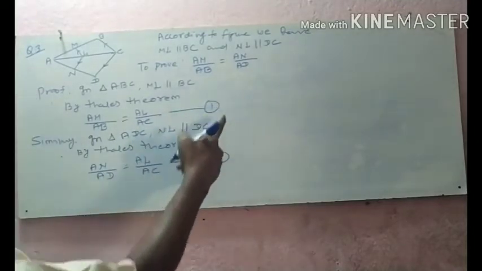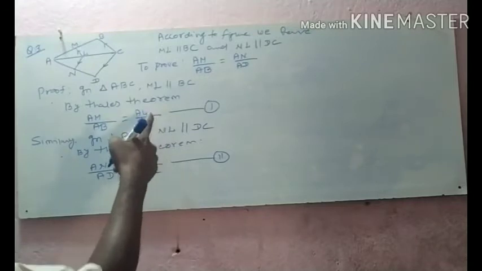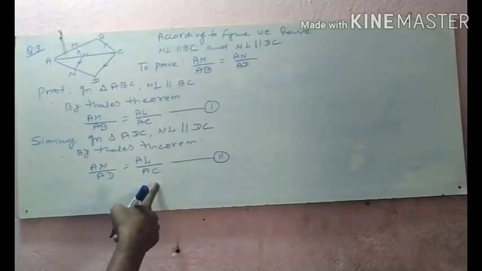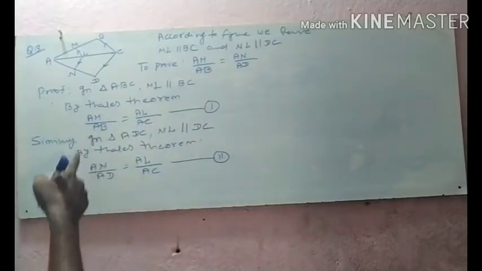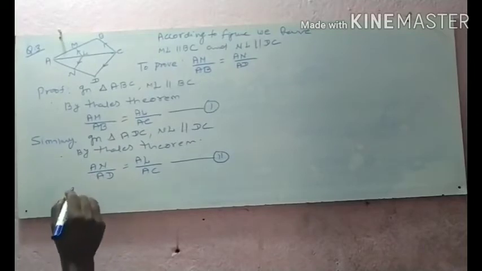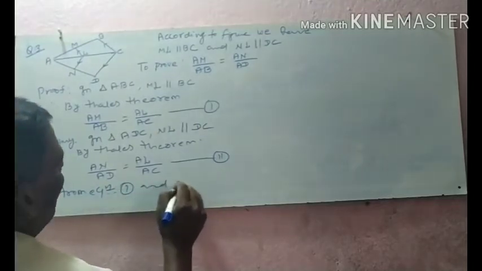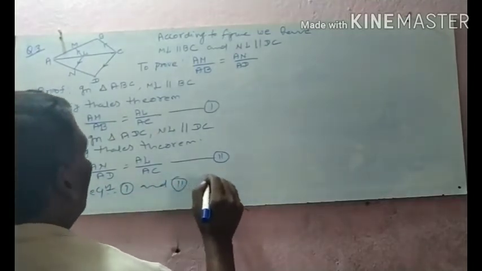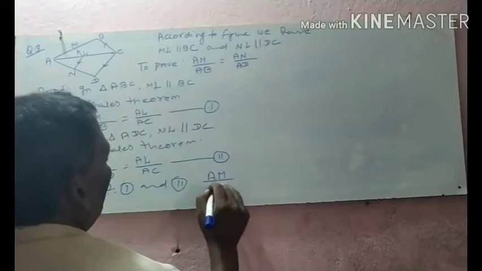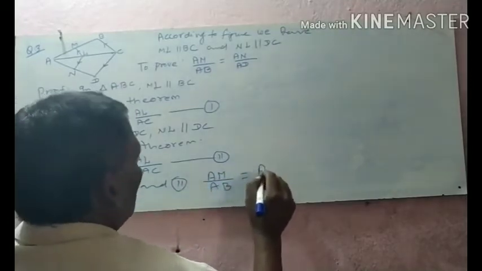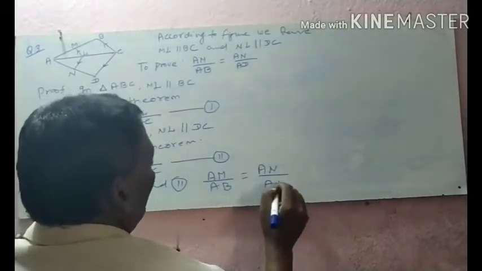From equation first and second, right sides are equal to each other. That implies left sides must also be equal to each other. That means from equation first and second, AM by AB is equal to AN by AD. Proved.